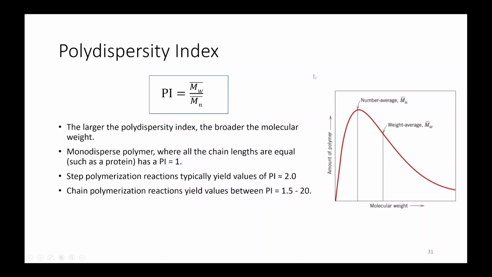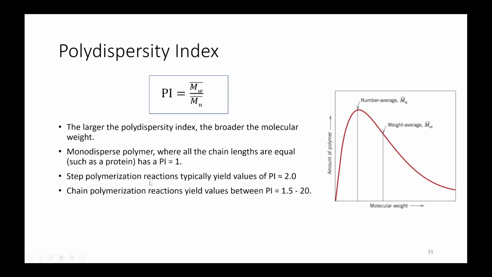The distribution just shows how the distribution of various chains looks like. If the chain lengths are all equal, then it will be 1. If there are various small chains as well as very long chains, then the polydispersity index will be higher.